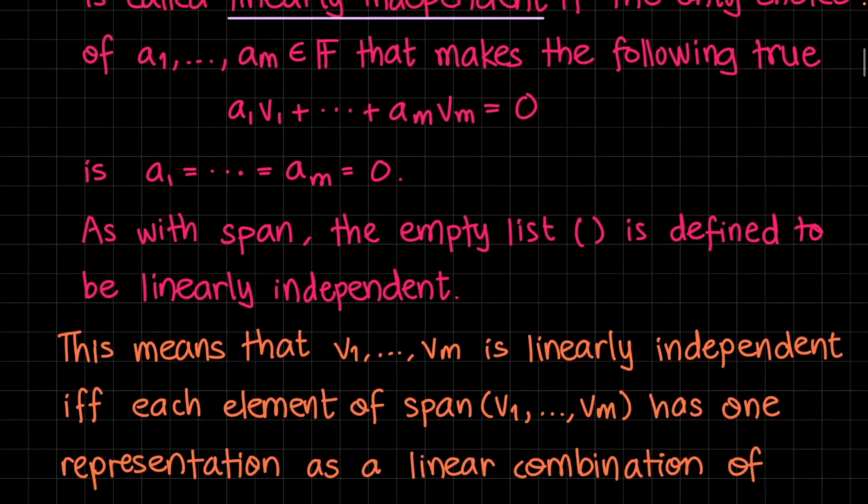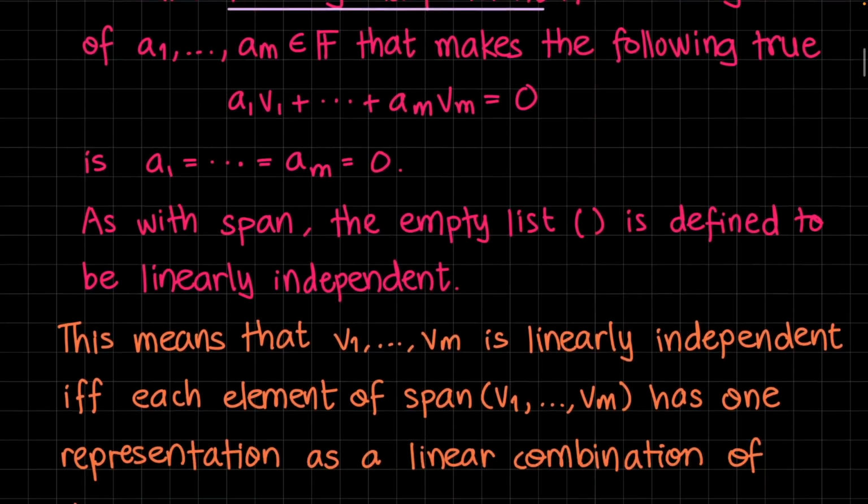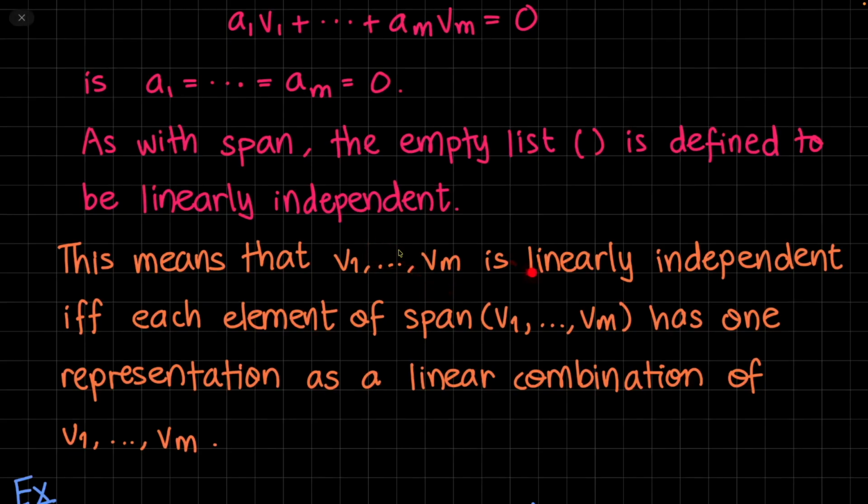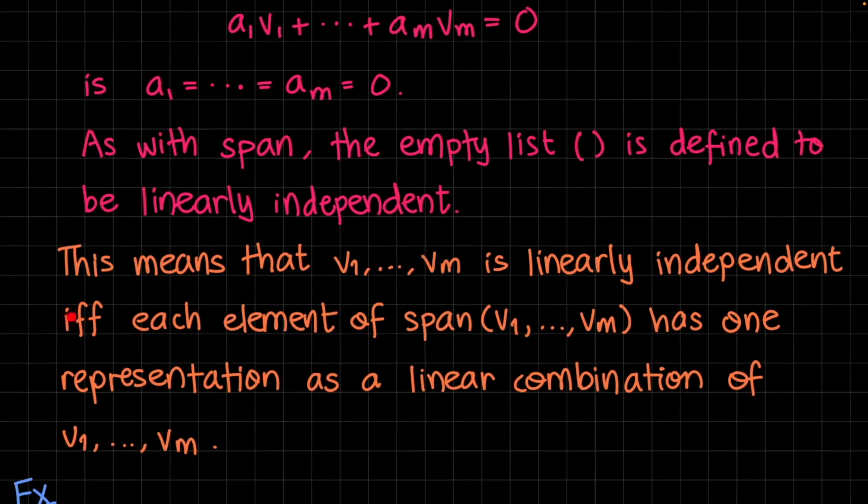So what this definition also means, and you can prove that very easily, is that v1 through vm is linearly independent if and only if each element of the span of v1 through vm has one representation as a linear combination of v1 through vm. So if there exist coefficients a1 through am such that some v in the vector space can be written as a linear combination using those coefficients, those are the only coefficients.